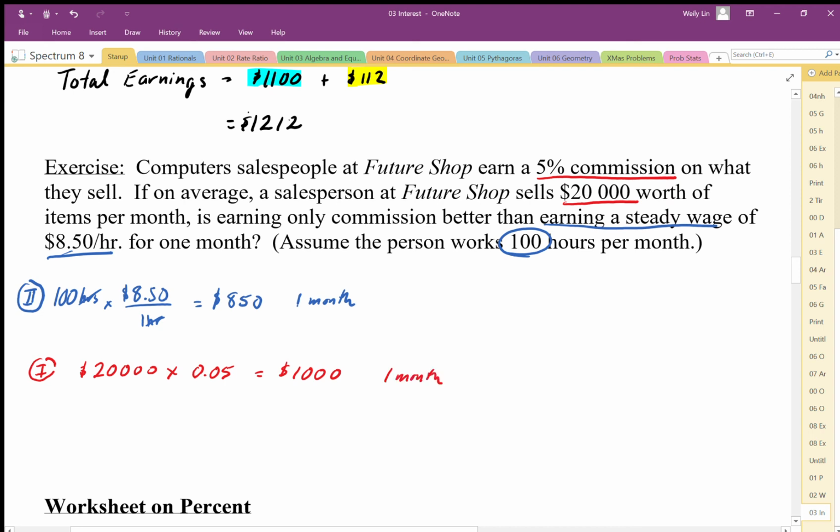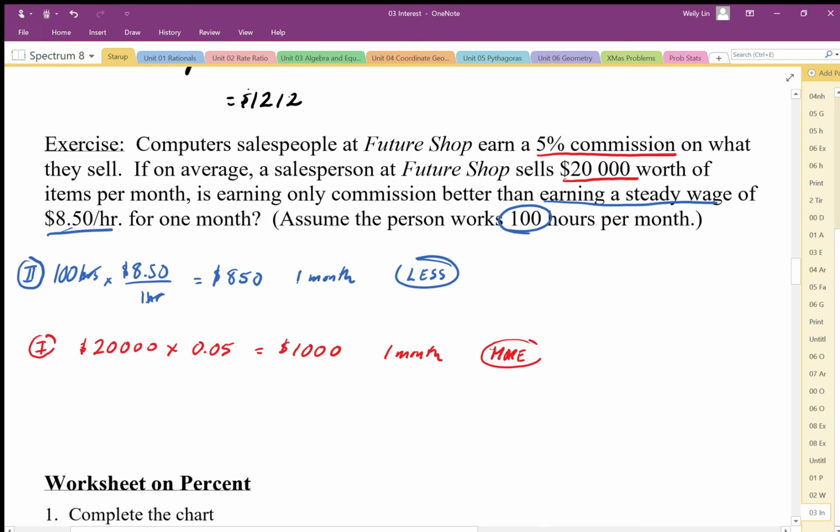So for this particular scenario, this person is going to earn more. It's going to be more here and less here. We can do this commission calculation. It's just a percentage of what the total was.